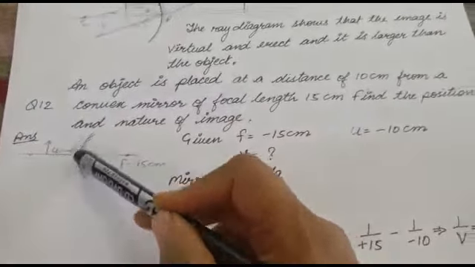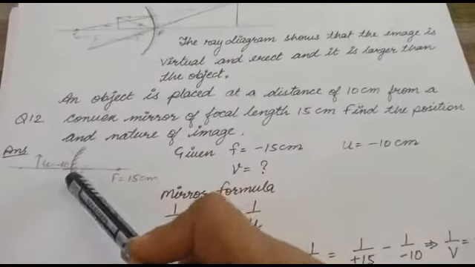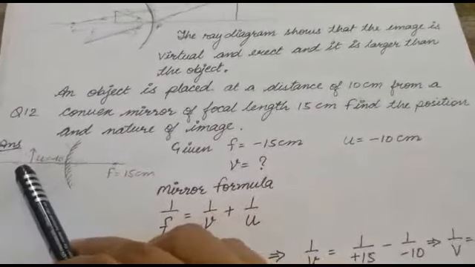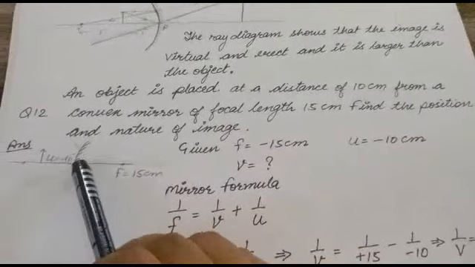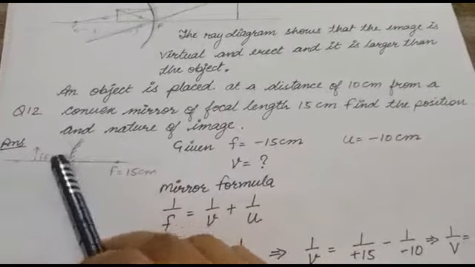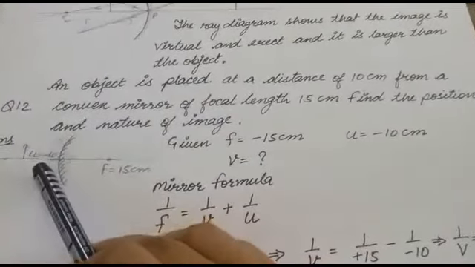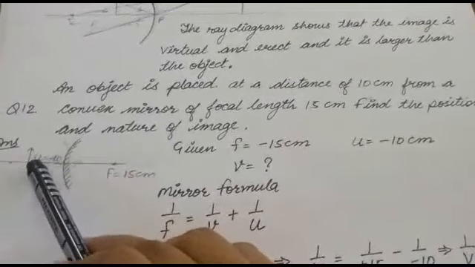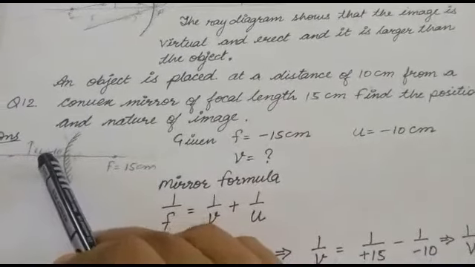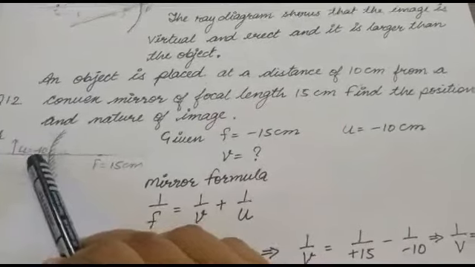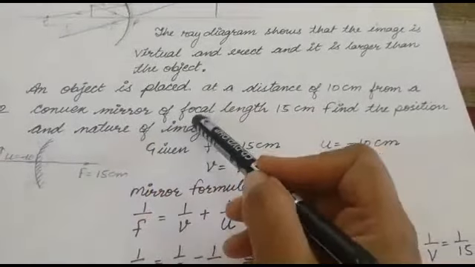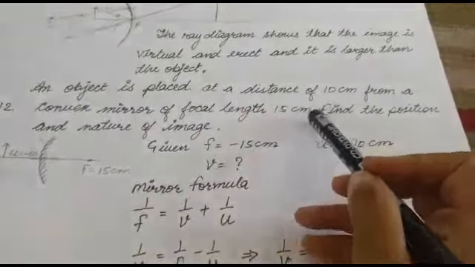This is the convex mirror, okay, and the object is placed at 10 centimeter, and we know that the distances at the left side of the mirror are mentioned in negative. So here the distance of the object, that is u, equals minus 10.